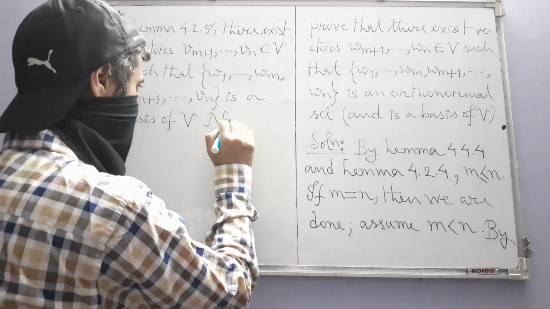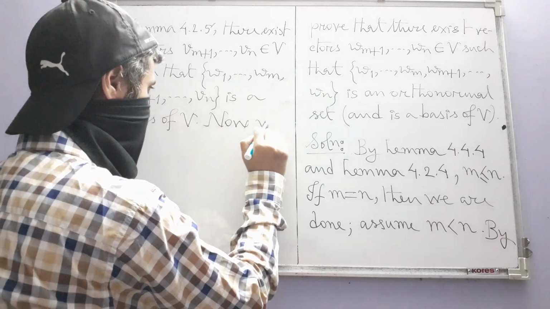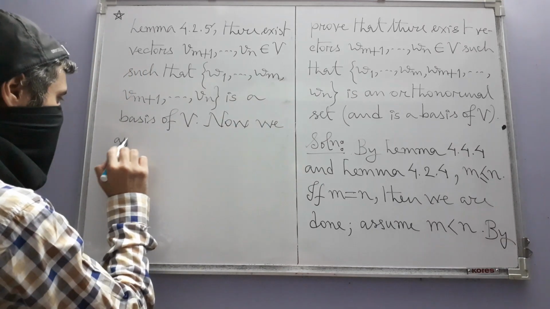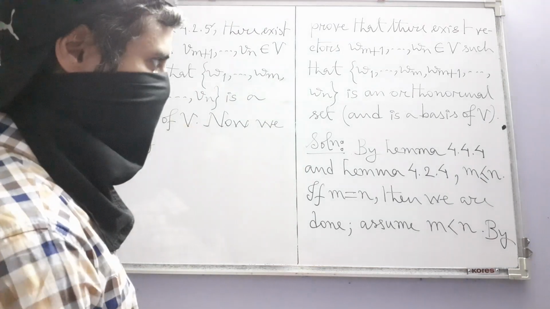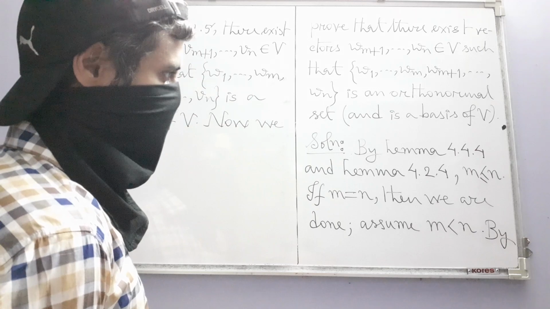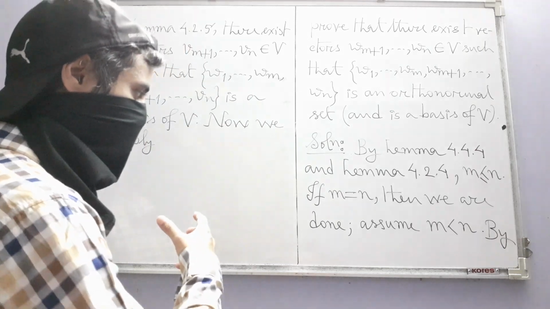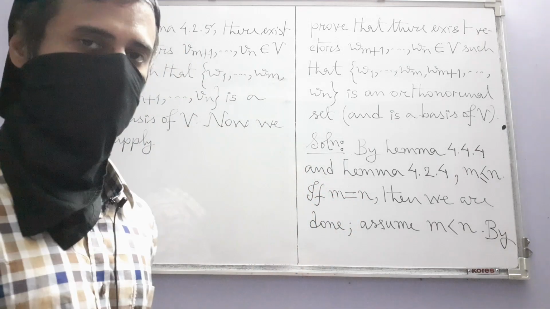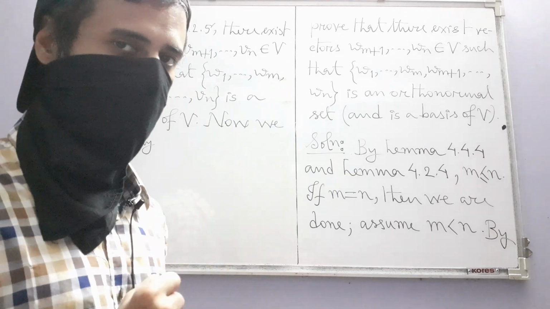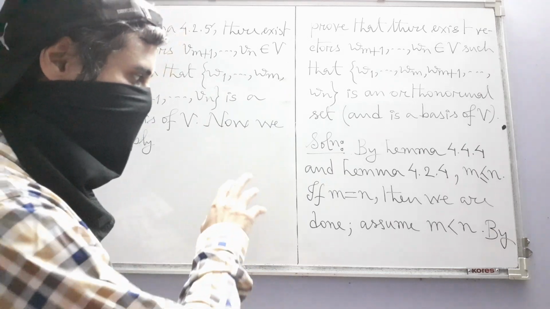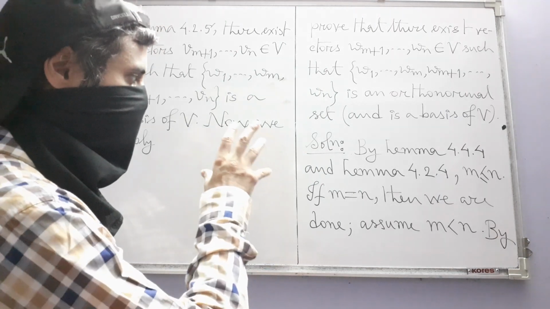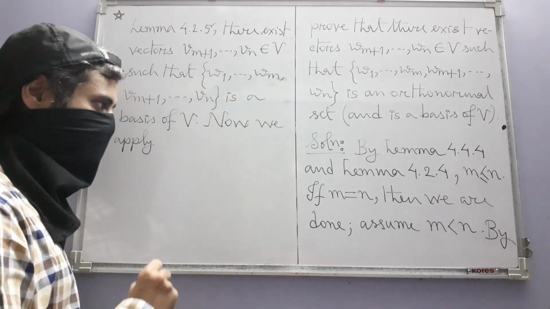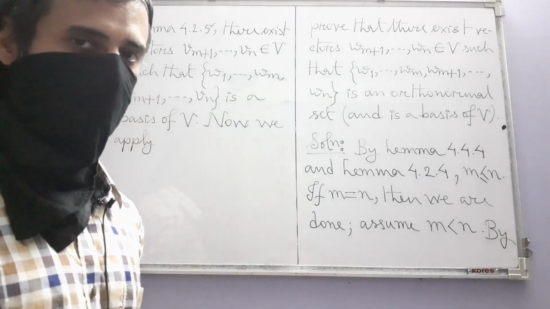Now we apply what we did in proving that result, which says that any finite dimensional inner product space has an orthonormal set as a basis. So we did something in the proof of that result, right? And we have given it a name also. It's called the Gram-Schmidt orthogonalization process.